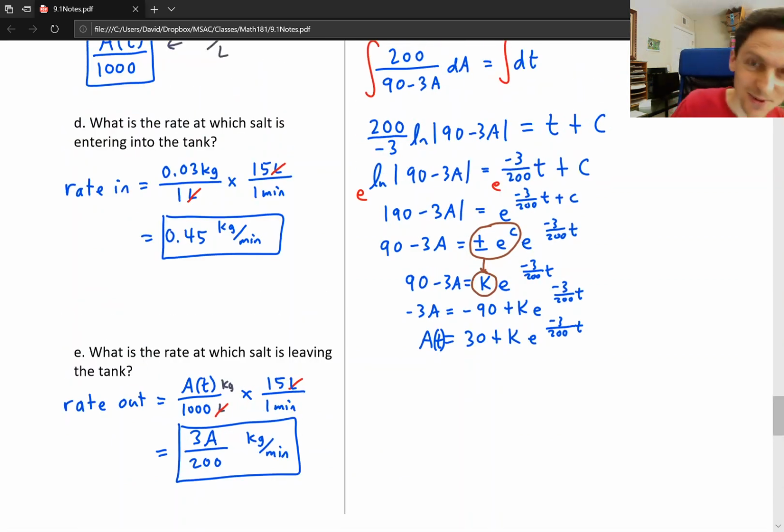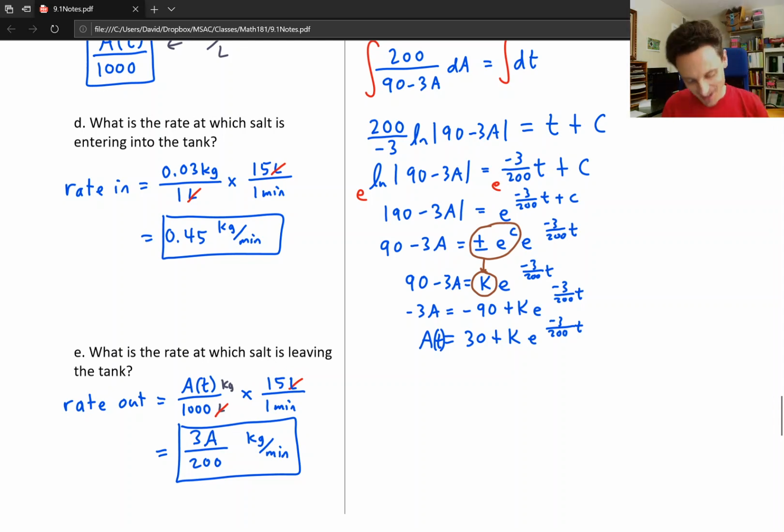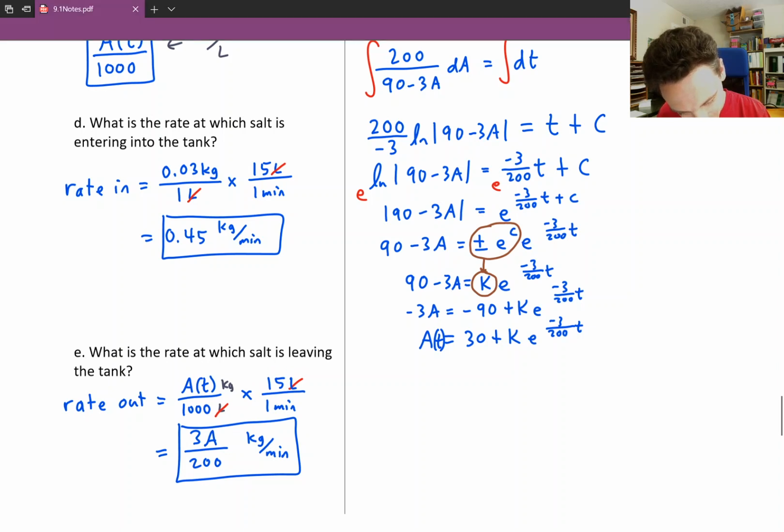Let me blow on it some more. It's overheating with all these solving of mixing problems. My goodness. Let's see if we can finish this off. Find k. Come on, you can do it.